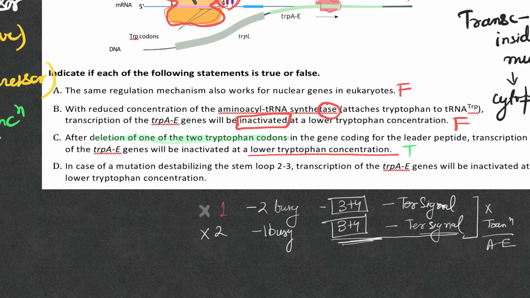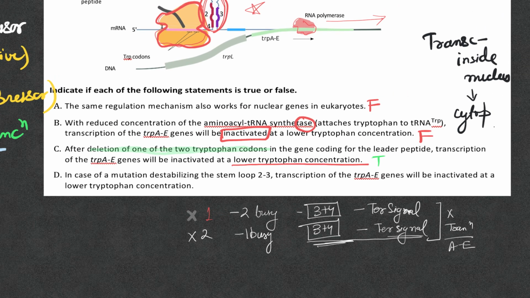In case of a mutation destabilizing the stem loop 2 and 3, transcription of trpA-E genes will be inactivated at a lower tryptophan concentration. Usually, a lower tryptophan concentration means the ribosome should wait and I should get a 2-3 loop, so that 3-4 is not formed.